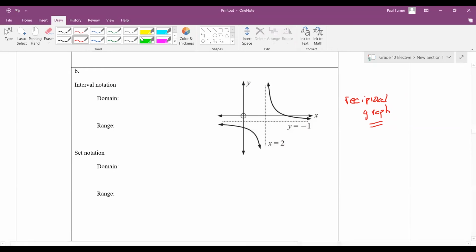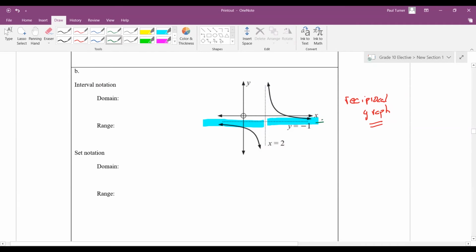How about your domain then? Your graph is here, right? Up until this line here, but not touching this line. And then we will be near this line, but then going to infinity that way.